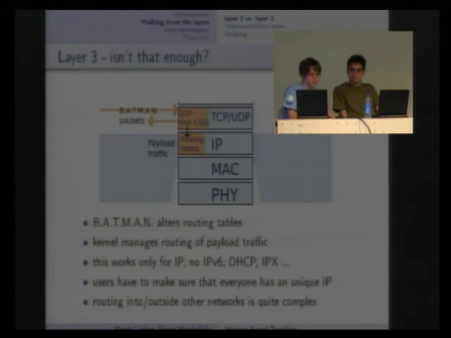And of course, these are IP routing tables, so it only works with IPs. We could also use this for IP version 6 or something else, but things like DHCP or other protocols don't work. Administrators have to make sure that everyone has a unique IP, or you have IP collisions, and this will of course not work.